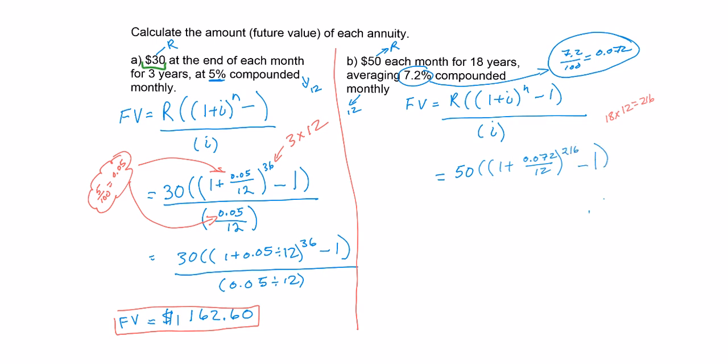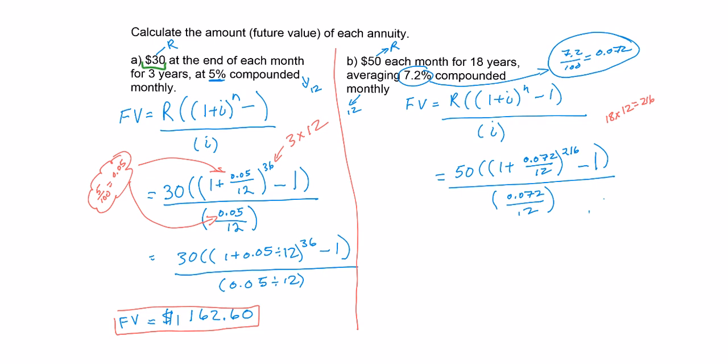Minus 1, and then we divide by 0.072 divided by 12. So the next thing we have to do is just punch in our calculator and see what we get.